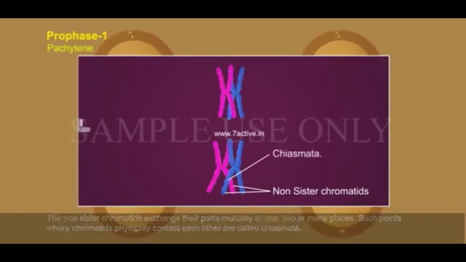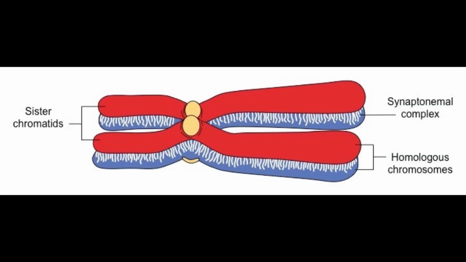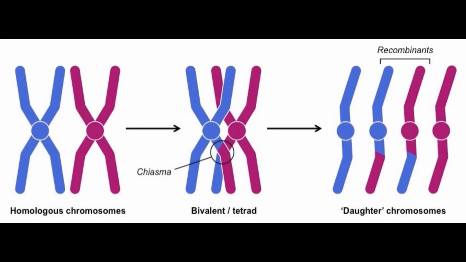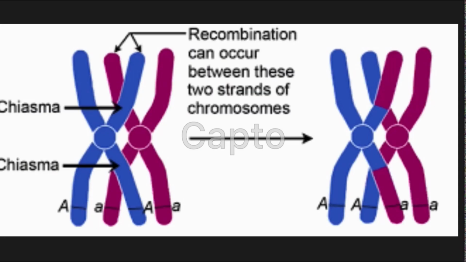This region is called chiasmata, where non-sister chromatids remain physically connected at this point of exchange. Chiasmata hold the homologous chromosomes together as a bivalent until anaphase 1.